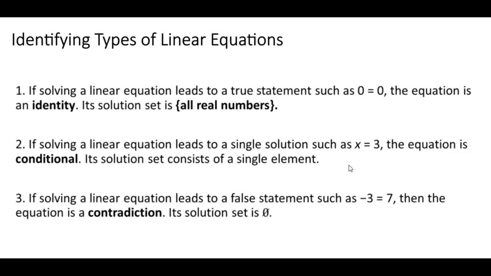Its solution set consists of a single element. And number 3, if solving a linear equation leads to a false statement, such as -3 equals 7, then the equation is a contradiction, and its solution set is the empty set, or again, we can write this as a set with nothing in it.